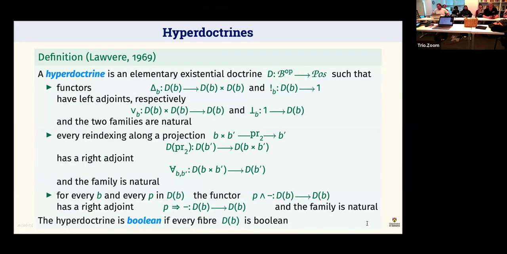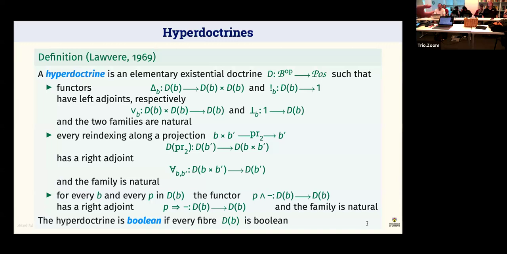And finally, this is the definition of hyperdoctrine. I've introduced as a property the notion of conjunction, existential quantifier, and identity. Mind you, I did it very quickly. I didn't notice that, but I mean, there were questions about it. Existential quantification and identity required as a basis the conjunction.